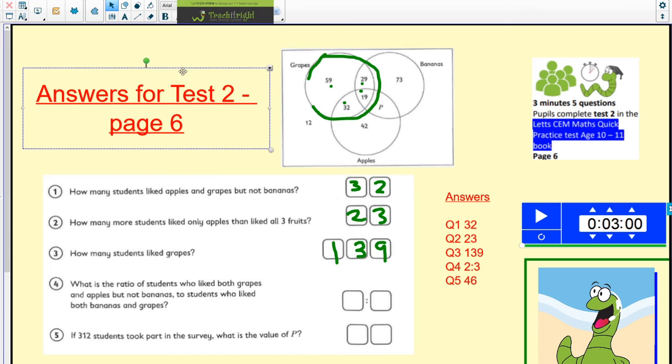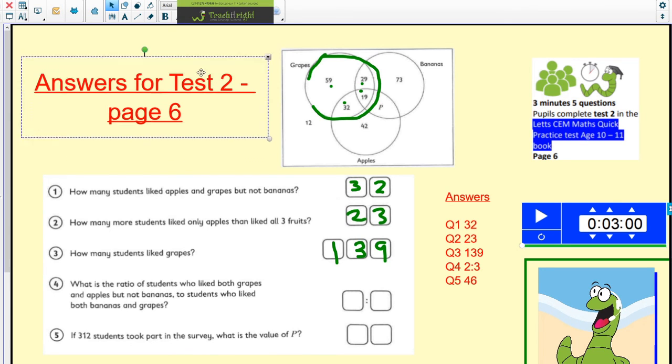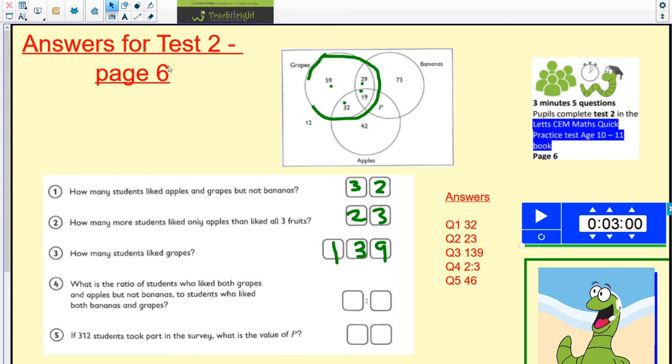Let's move this out of the way, give myself some more room. What is the ratio of students who like both grapes and apples, but not bananas, to students who liked bananas and grapes? Right, let's first get the numbers written out. Apples, grapes, but not bananas.